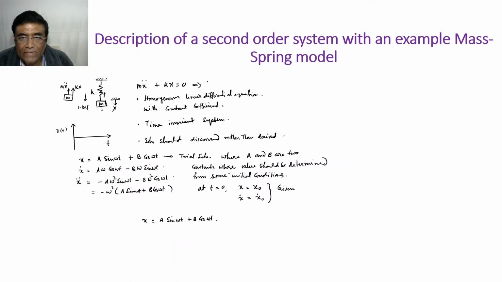I am writing this equation in a simple form: x double dot plus k by m x equal to 0, that is, x double dot plus omega square x equal to 0, where omega equals root over k by m.